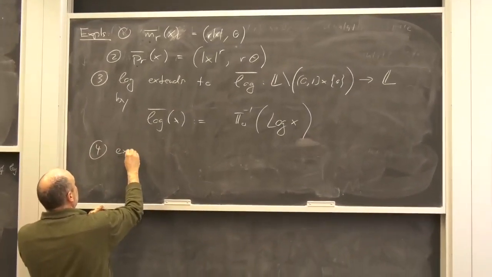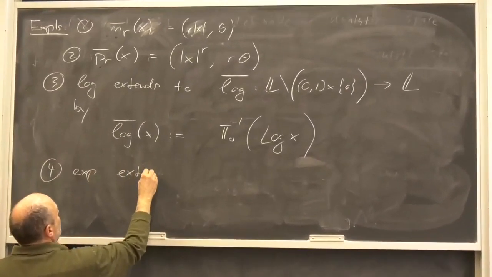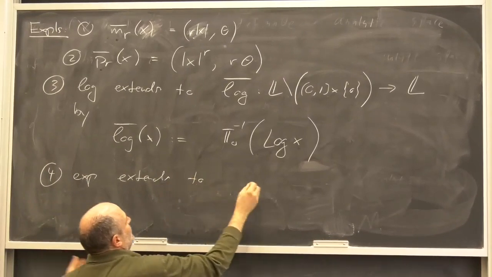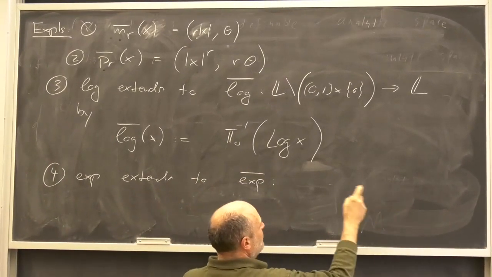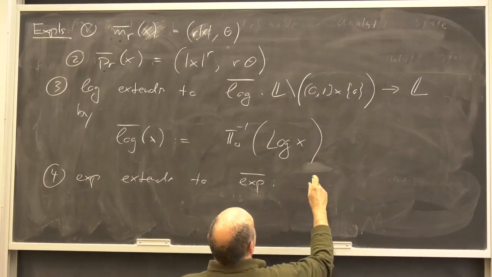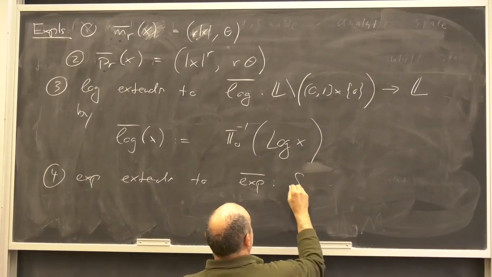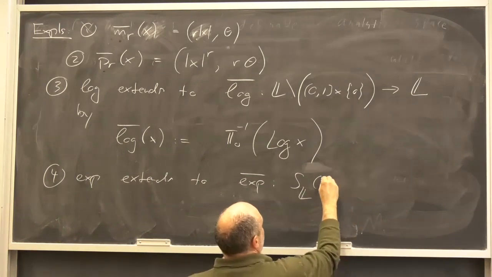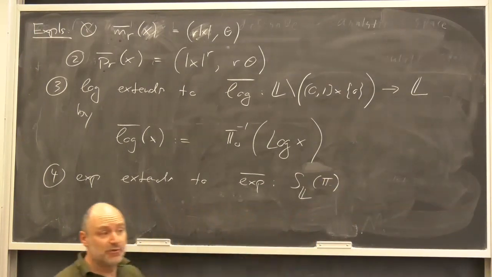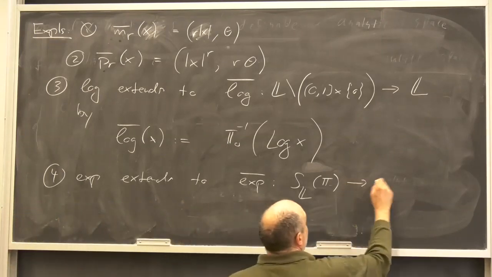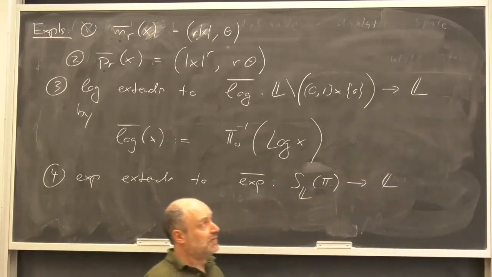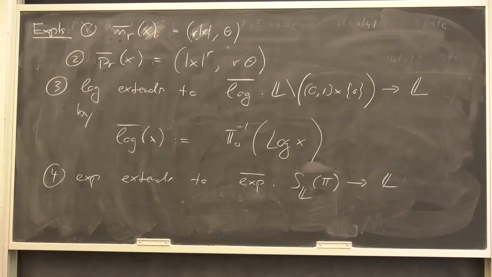So x extends to r. This will now be defined on the strip, which is the image of the log. And we'll cover almost the entire Riemann surface except for the red center.